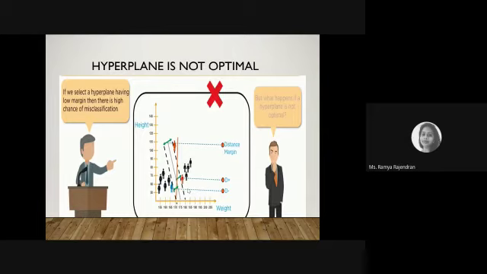You'll end up misclassifying your points. Let's assume this line is the hyperplane instead of this. In that case, we end up misclassifying this person as a female instead of male, right? So you have to be very careful in selecting a hyperplane, because you'll end up misclassifying the points.